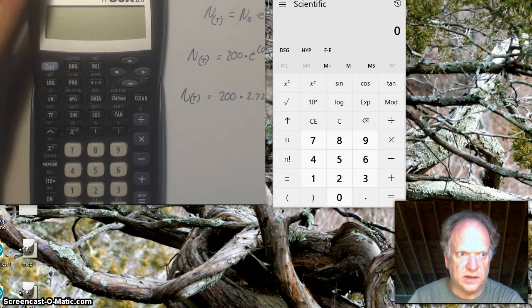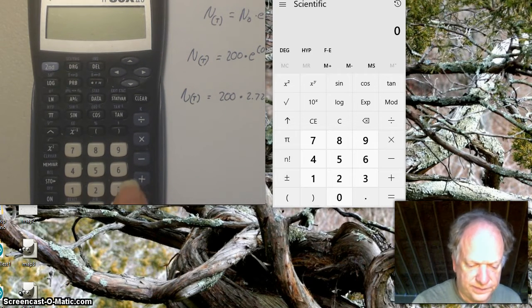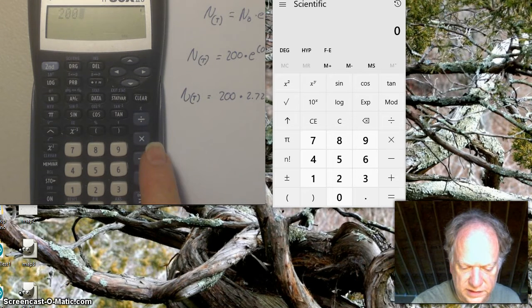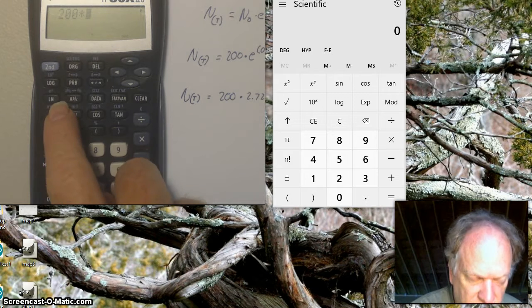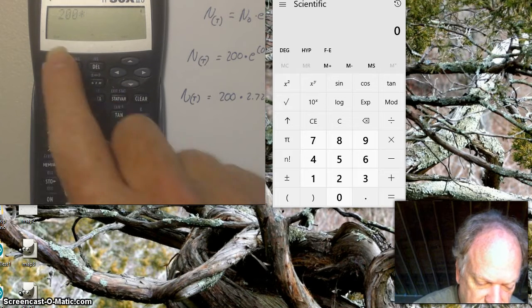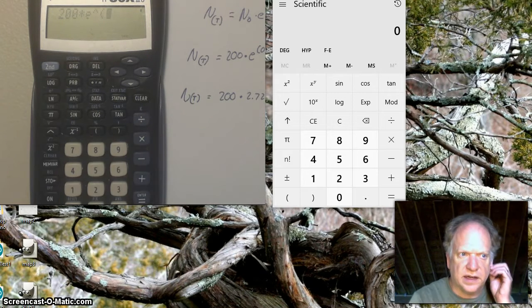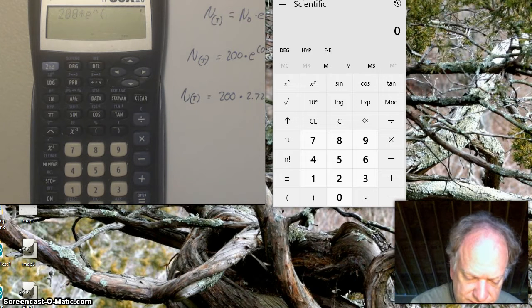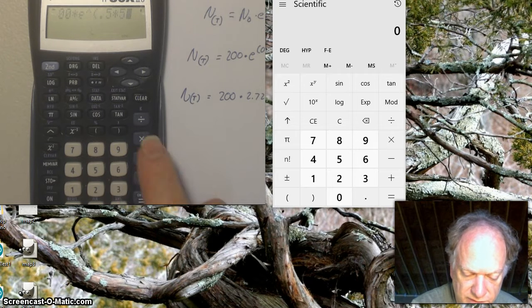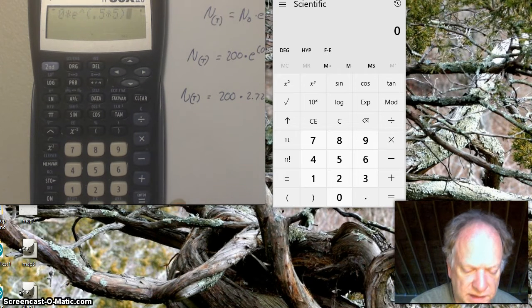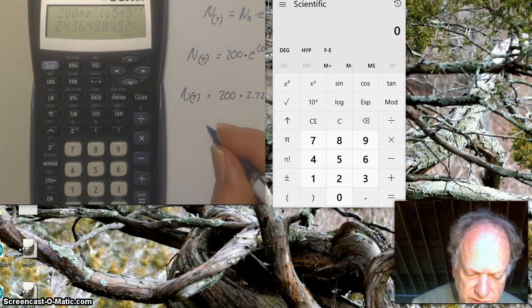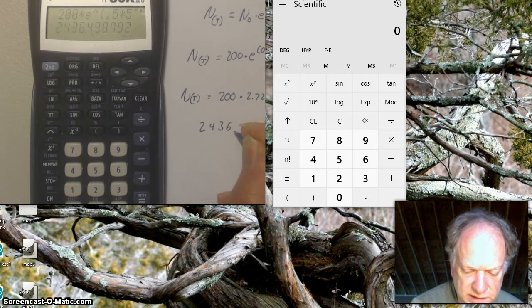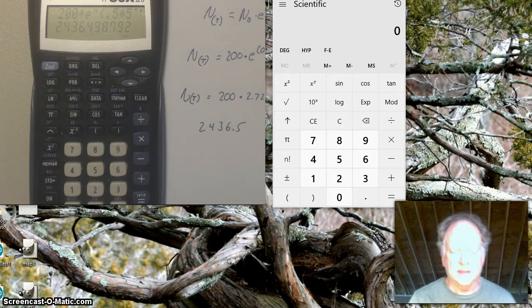I'm going to take 200 times, in my case I'm going to use the e key, the second function e, and it's going to be 0.5 times 5, and I'm going to close off the parentheses, and it's equal to, and I'll write that number down. It's going to be equal to 2436.5.